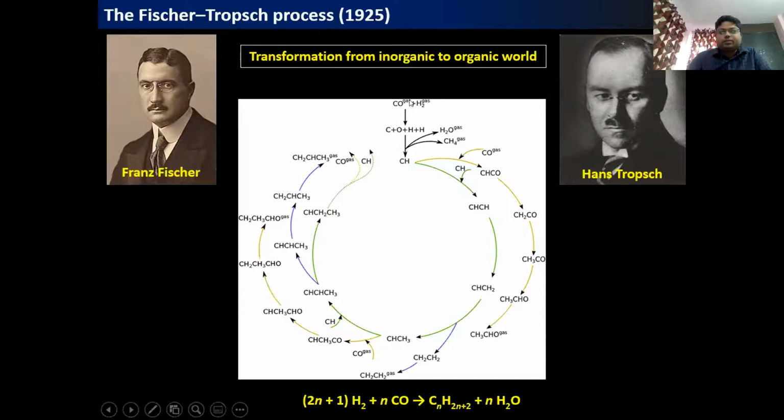You see at the top, there is carbon monoxide gas and hydrogen gas, and at the bottom, you see there are some organic molecules. So by this experiment, they showed the world for the first time that from inorganic compounds like hydrogen and carbon monoxide, we can get organic molecules. That means this transformation from the inorganic world to the organic world is possible. And this came in the very next year.